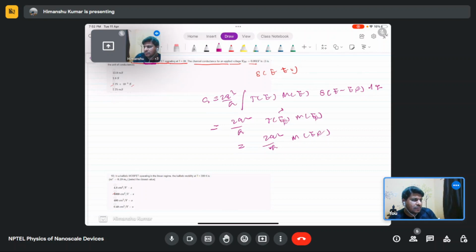The density of states for a 1D wire will be proportional to the square root of 1 by E, and the modes will be constant. Okay, so now if we put this mode, this will come out as 2m star by pi h.